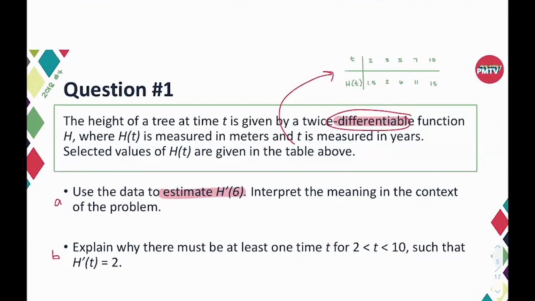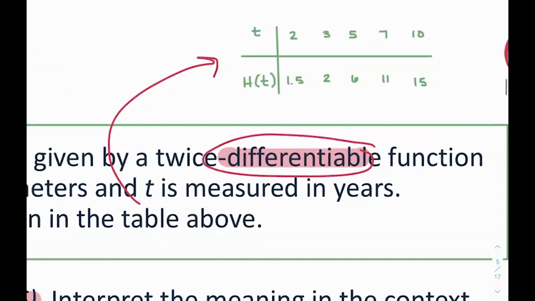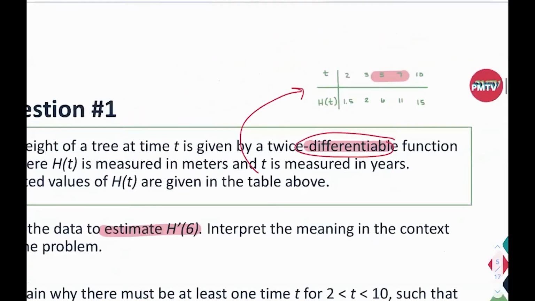So in this case, we will have to do an approximation using the shortest secant line that we possibly can. I'll use the slope of the secant line between 5 and 7. That will give us an approximation for the slope of the tangent line, or the derivative at 6.